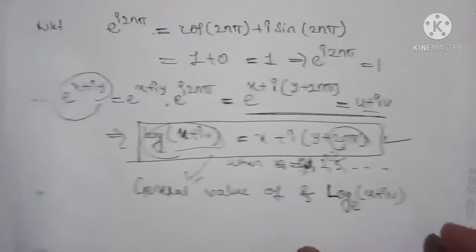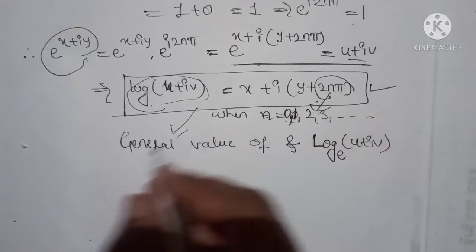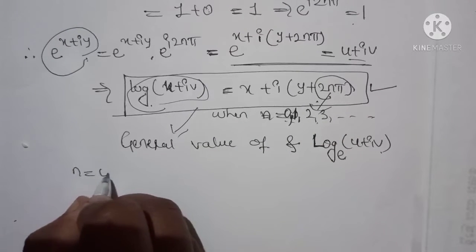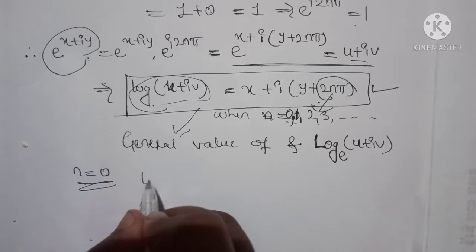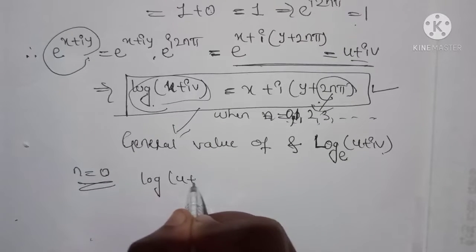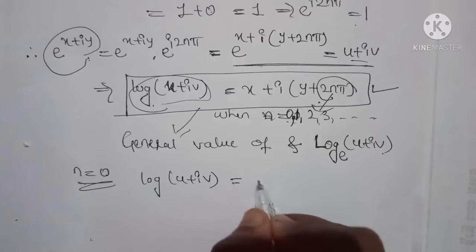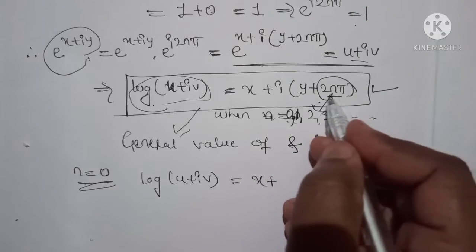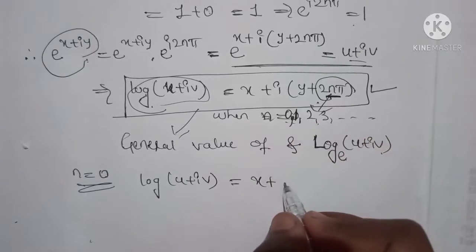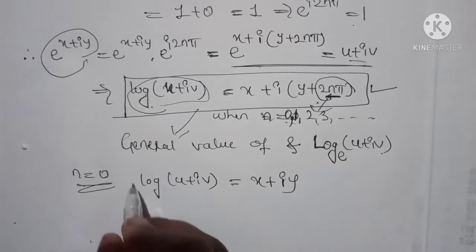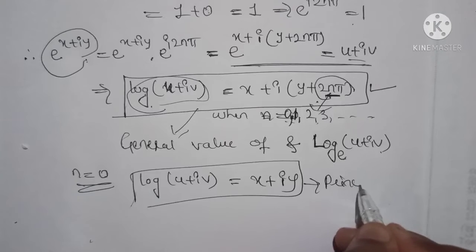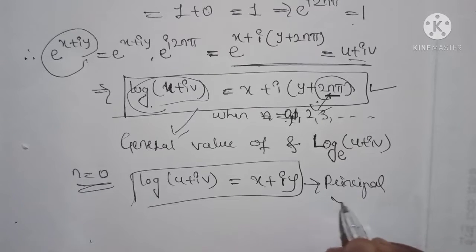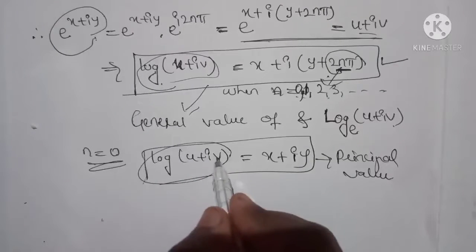Okay, if we substitute n equals to 0, then log of u plus iv becomes x plus iy. So this is called the principal value of log of u plus iv.